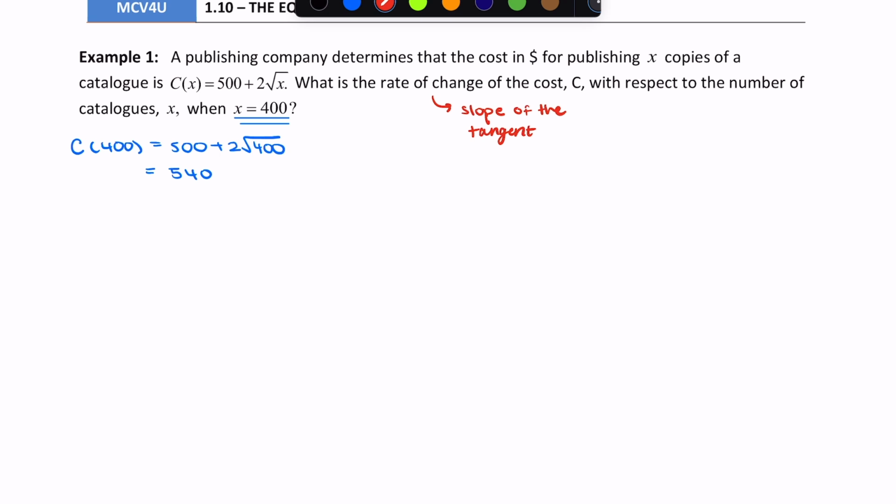If you remember, the slope of the tangent line is represented by the equation m equals the limit as h approaches 0 of f(x + h) minus f(a) over h. So here it's C(400 + h) minus C(400), all over h.